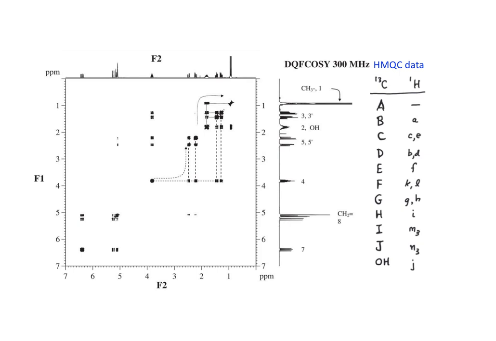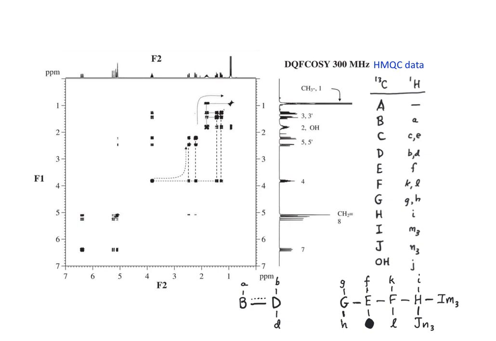In summary, we've established 2 spin systems of carbons B and D, which we suspect are an alkene, and 6 more carbons, E, F, G, H, I, and J, with E attached to an oxygen atom.